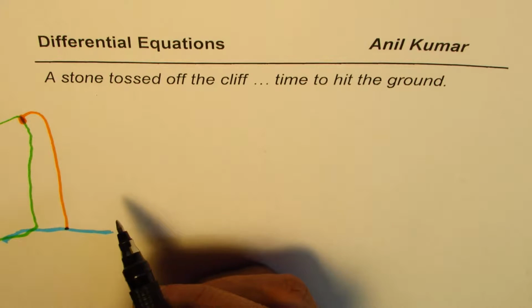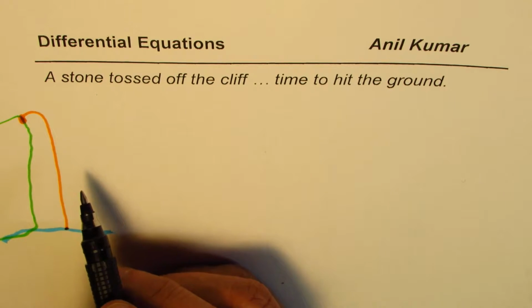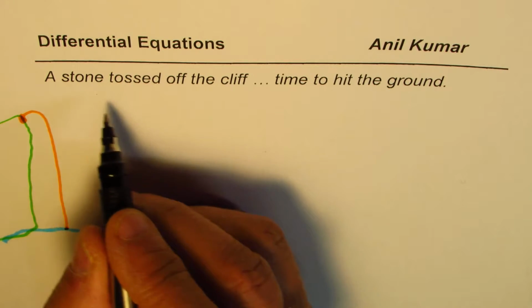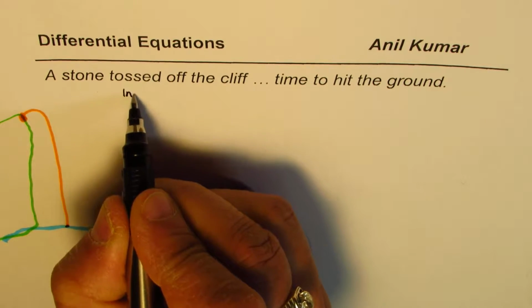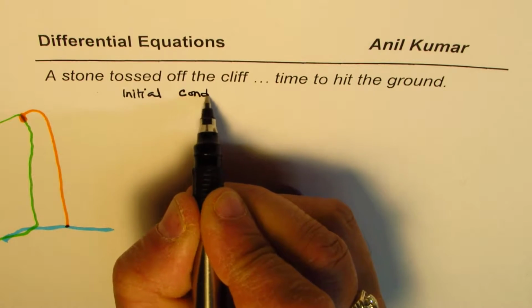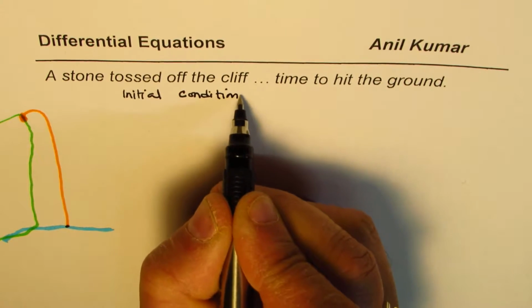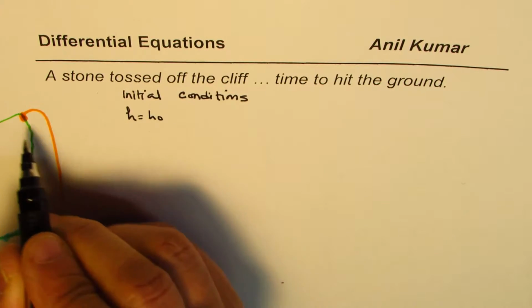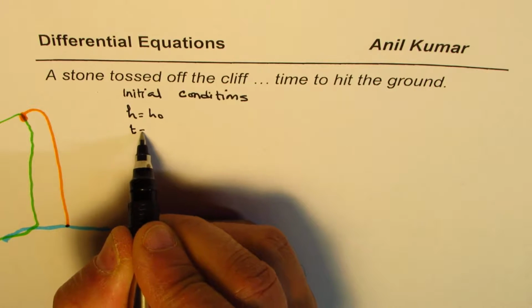So let's begin by defining some variables. Let us say that the height of this mountain, so we call them initial conditions, right? We'll begin with initial conditions and let the height be h0, and let's say time at this time is t0.